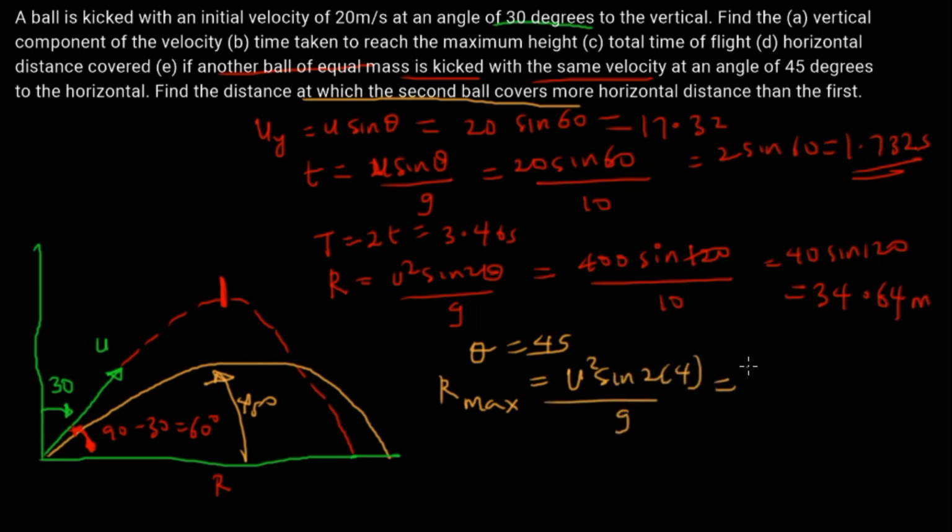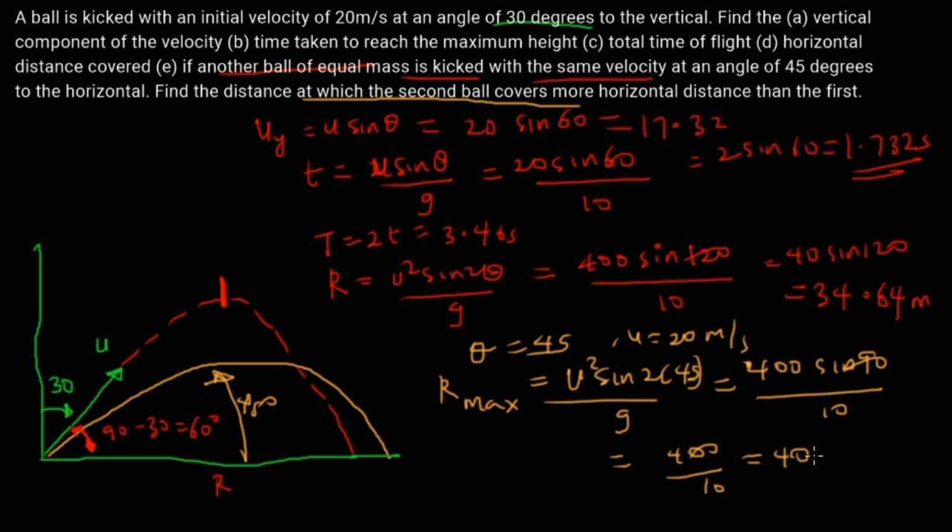We are considering the same velocity, so the initial velocity u remains 20 meters per second. So 20 squared is 400. Then the sine of 90 degrees is 1, so we have 400 upon 10, which is equal to 40 meters.